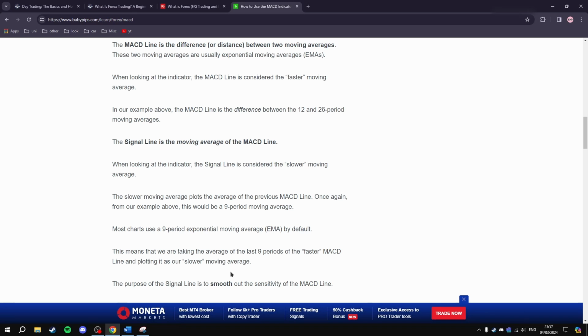When looking at the indicator, the MACD line is considered the faster moving average, so it responds more quickly to price changes.